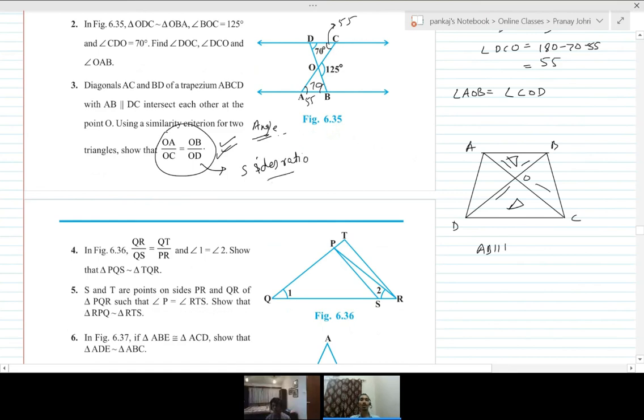So now what can we do? Can we make any angles equal?